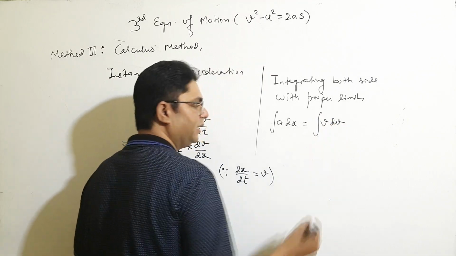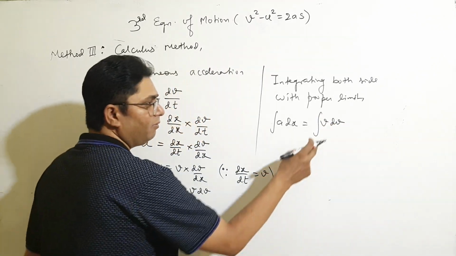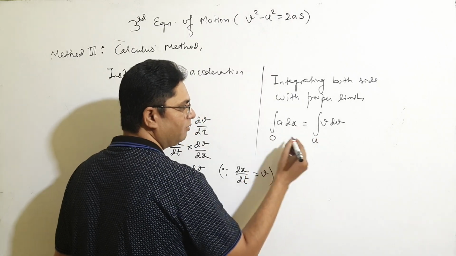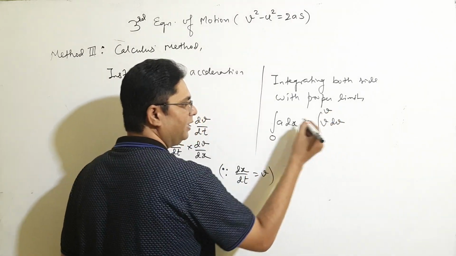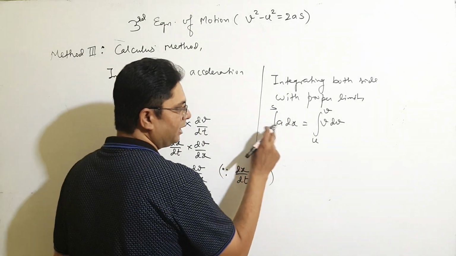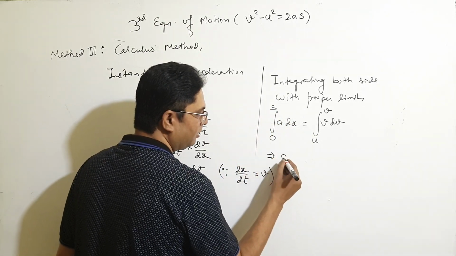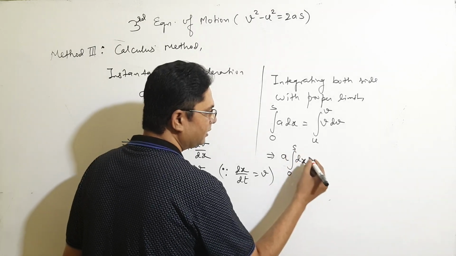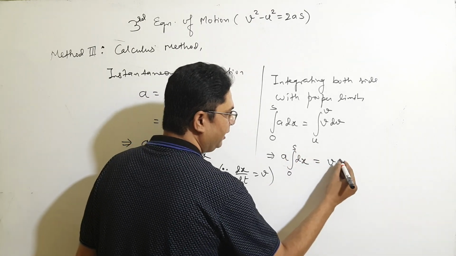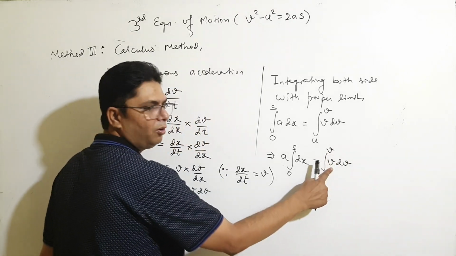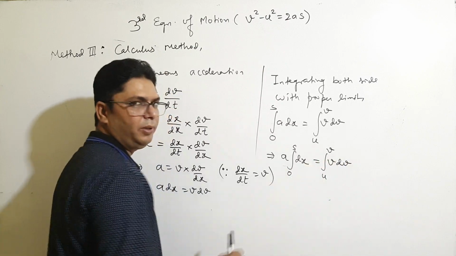Sign of integration is here. When the velocity is initial, displacement is 0, and when the velocity is final, displacement is s. So take this a outside. So it is integration dx from 0 to s. Here you have v dv from u to v. Do not take v out because v is depending on dv.